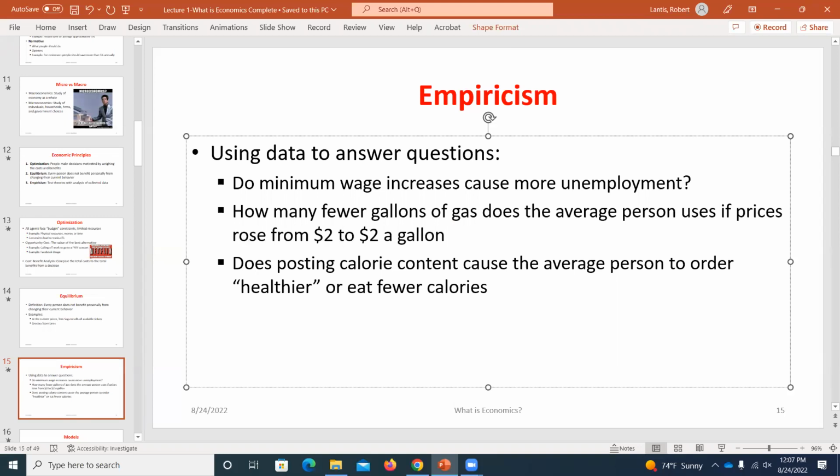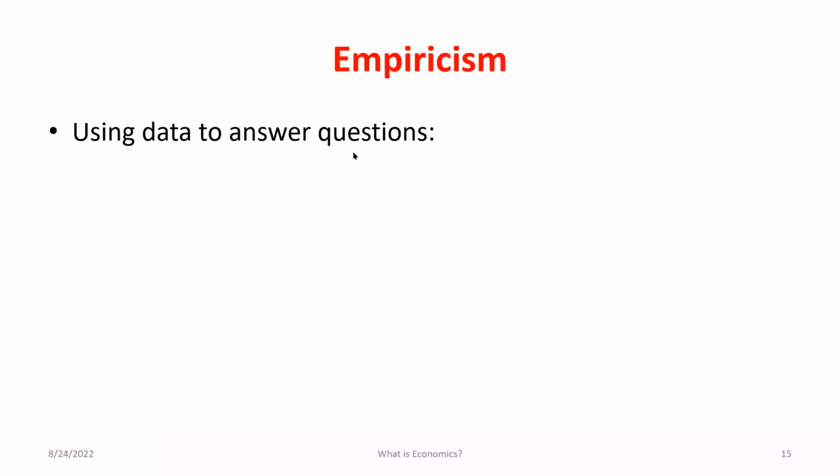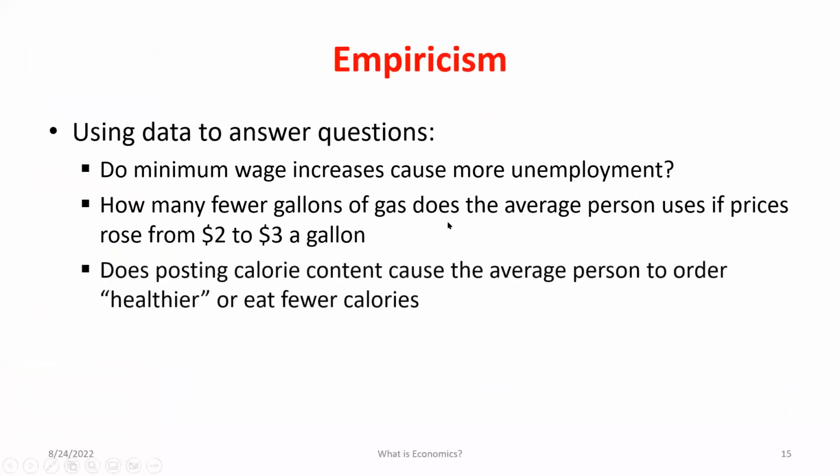Let's make this make a little more sense. Let's say the price goes from $2 to $3. How many fewer gallons is someone going to buy? You make gas more expensive, people might buy less. I think that's a fair idea.